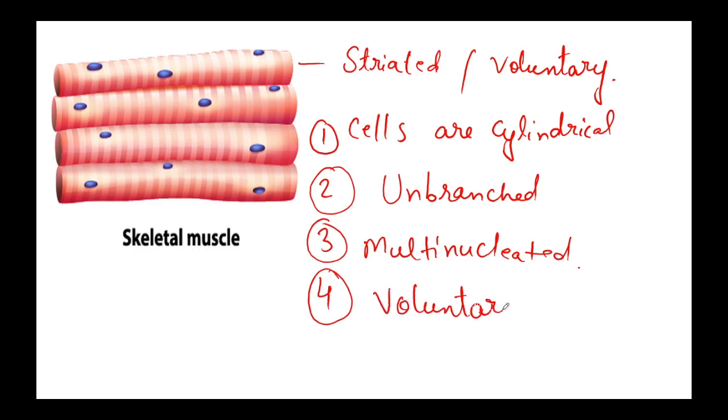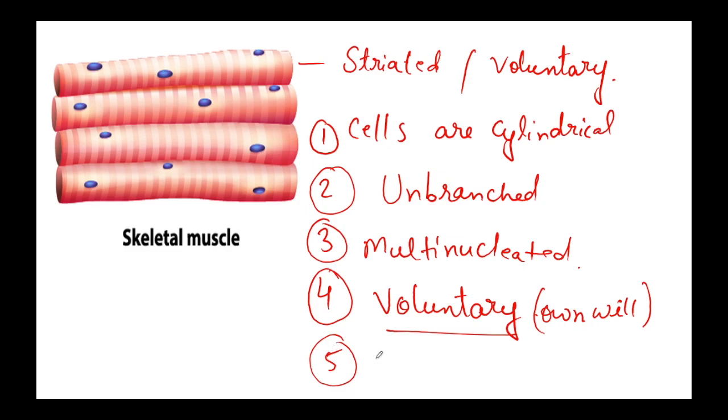What do you mean by this term voluntary? Voluntary means the movement of such muscles can be controlled by our own will. For example, when you move your hands, when you move your legs, it is according to your own will.